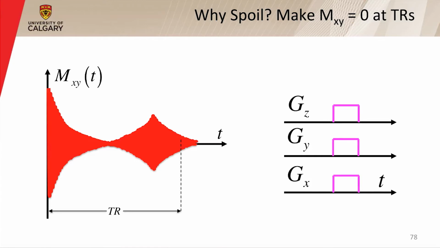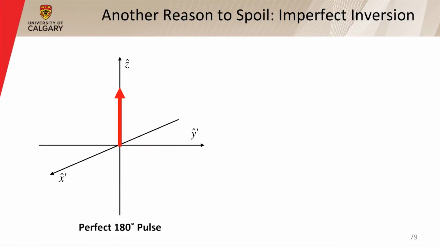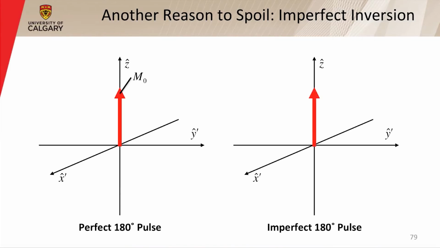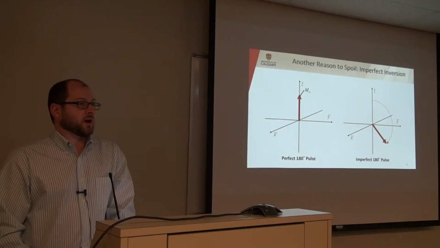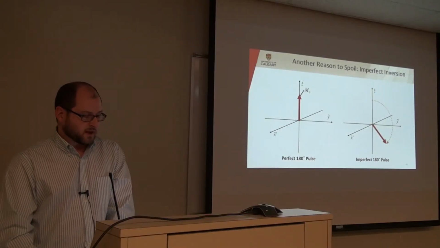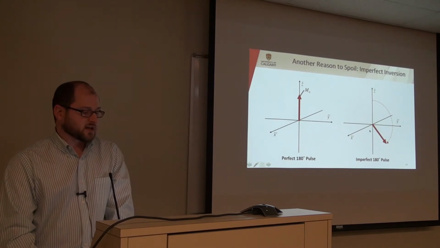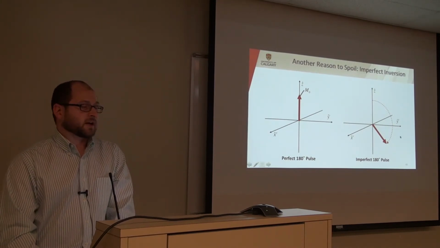Okay? Another important reason that we could spoil, so if you think about our inversion pulses that we've talked about before, if we have a perfect inversion, then we know that there's never going to be any component in the transverse plane to decay away. But if we have imperfect inversion that looks something, let's say like this, where it's not quite 180 degrees, what that means is that there's going to be a transverse component that we have to account for.